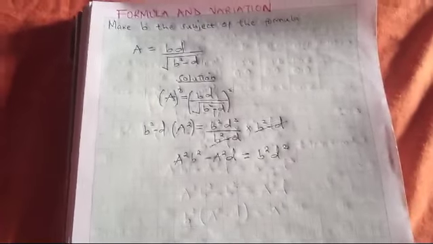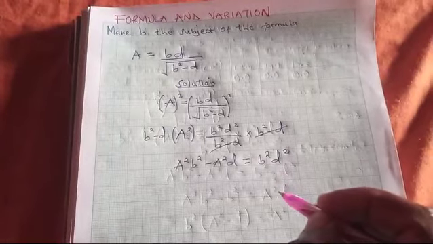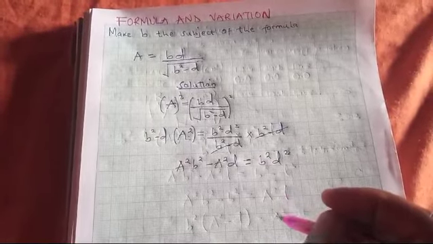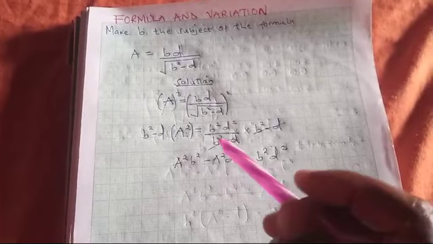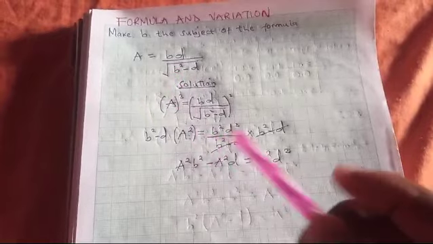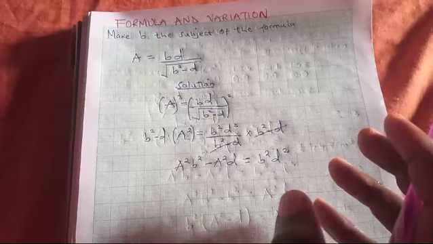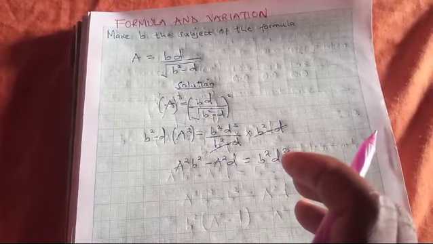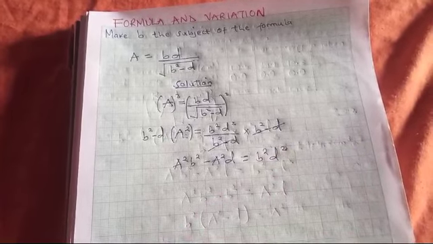So the next thing, we want to put like terms together. If you look keenly, you discover that we have got common elements, and our aim is to make b the subject of the formula. So we are going to bring elements that have b on the left hand side.